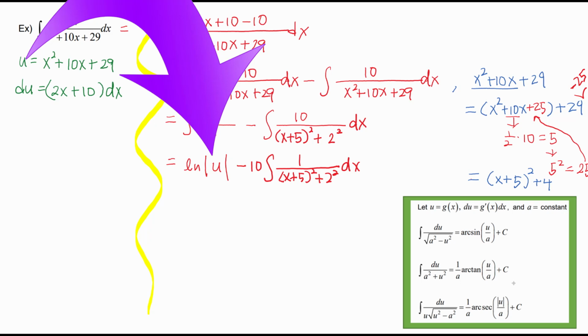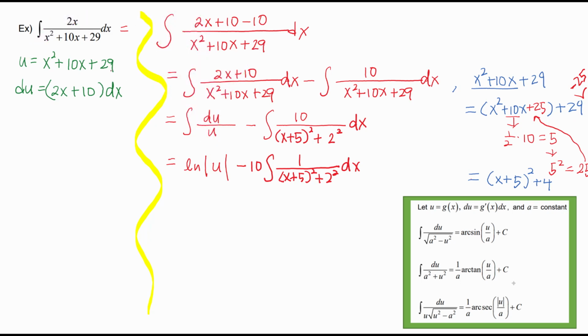I have ln absolute value of u, and here my u was the quantity x squared plus 10x plus 29. But as you just saw, when you complete the square, x squared plus 10x plus 29 is (x plus 5) squared plus 4. So no matter what x is, when you add the 5 and square it, it's going to be greater than or equal to 0.